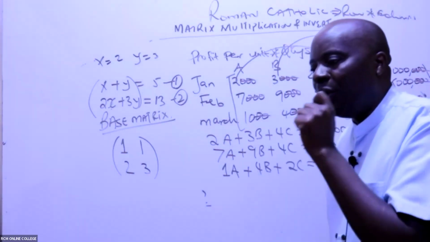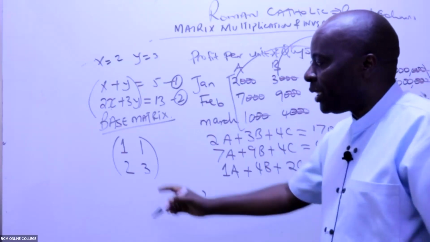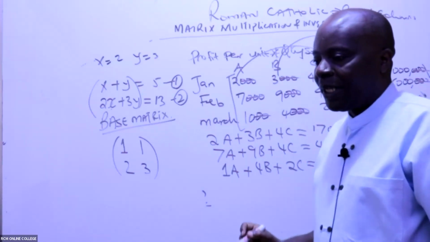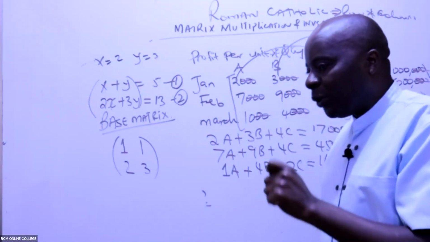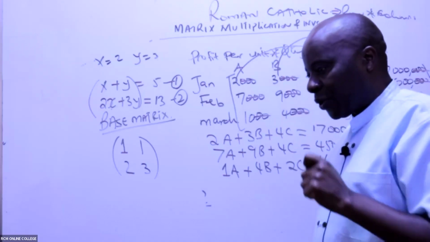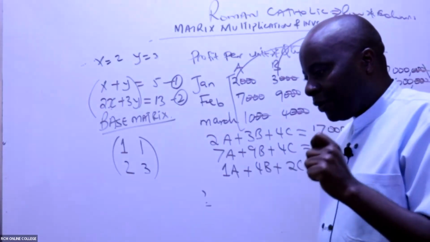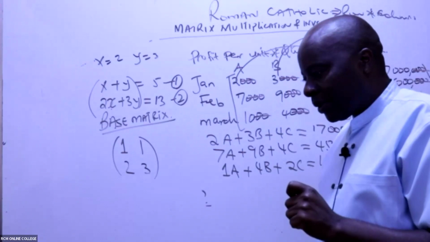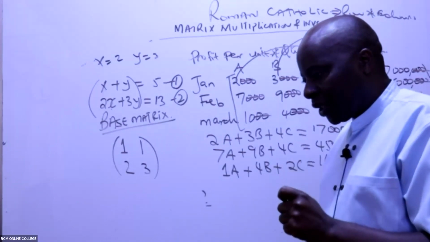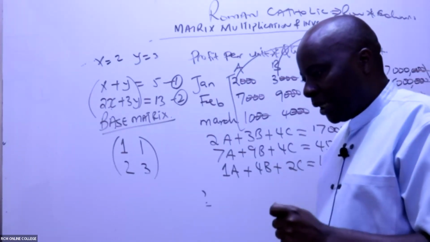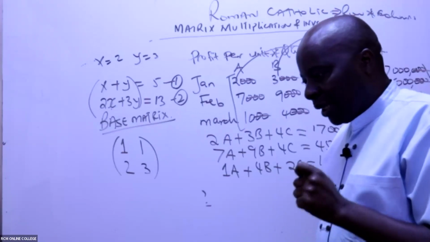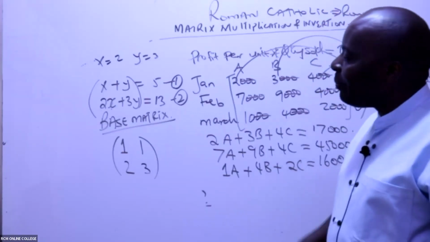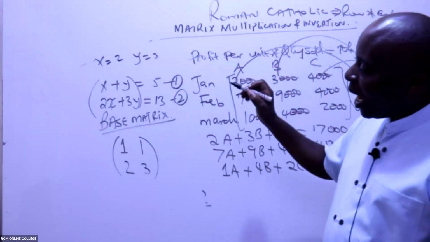Is there somebody who knows what we shall do to get the determinant of the base? Is there somebody who can remember the formula? How do we get the determinant of a matrix? I give you the formula. It is PPD minus PSD. You take the product of the primary diagonal.